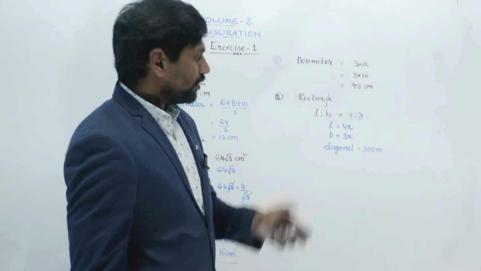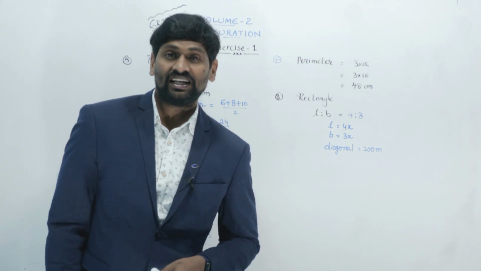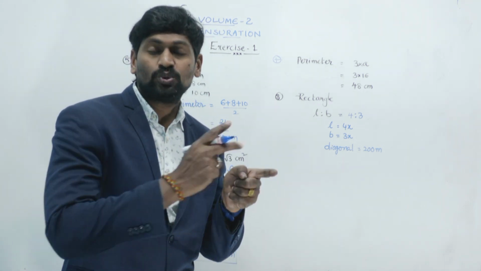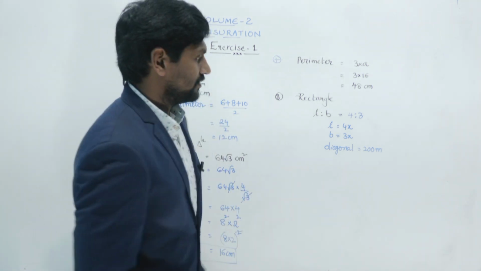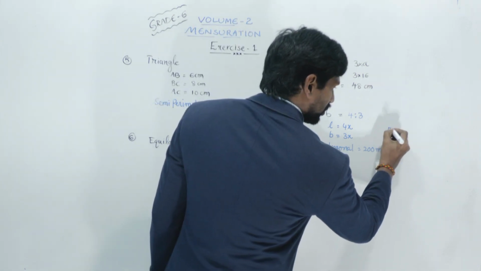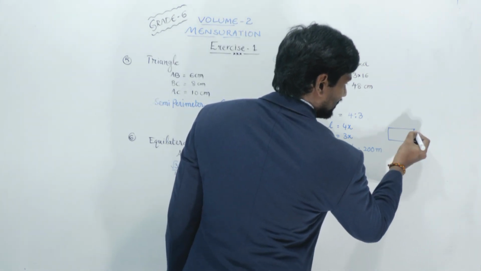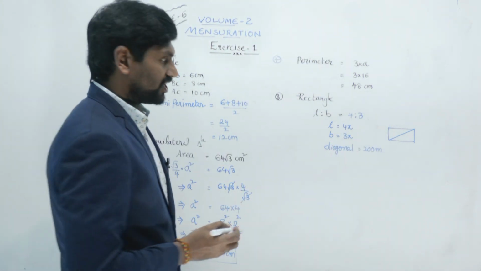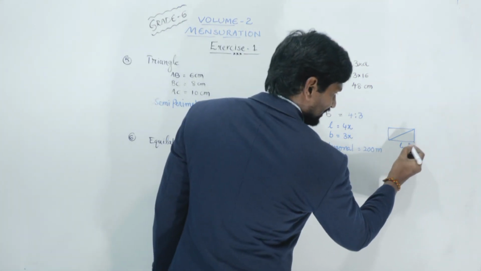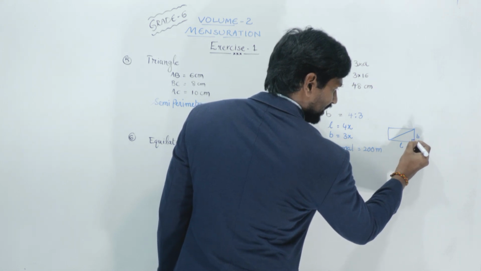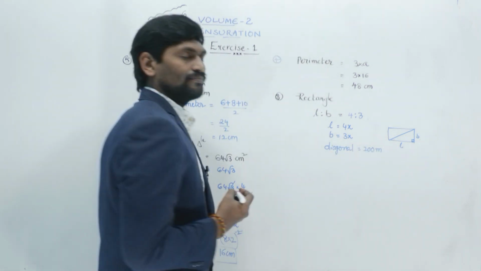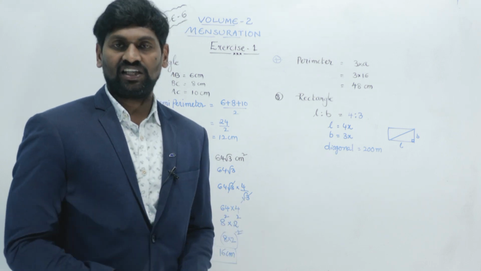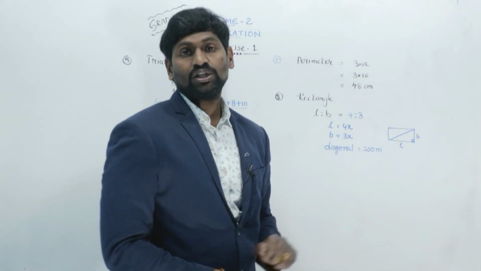What is a diagonal actually? A diagonal is a line segment that connects two opposite vertices. For example, if you draw a rectangle like this, this is the length, this is the breadth, and they make an angle of 90 degrees. So we can use the Pythagoras theorem to find the length of the diagonal.